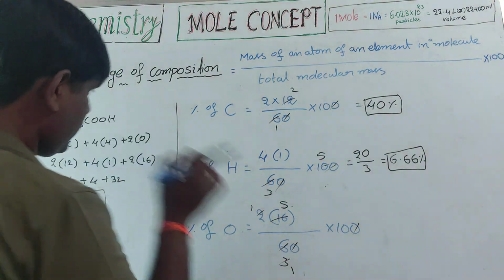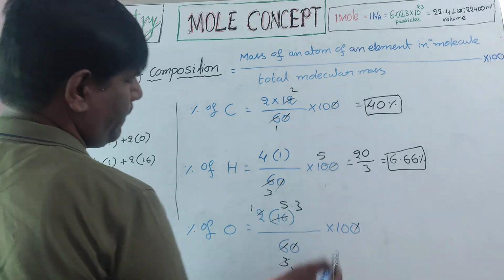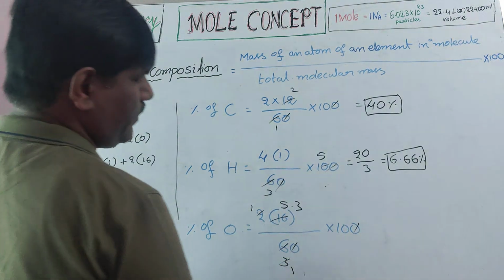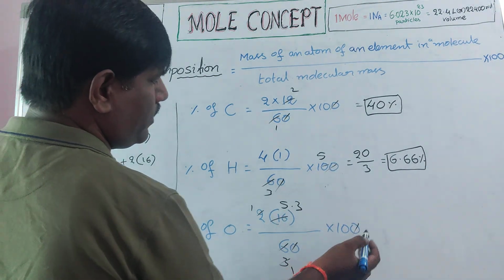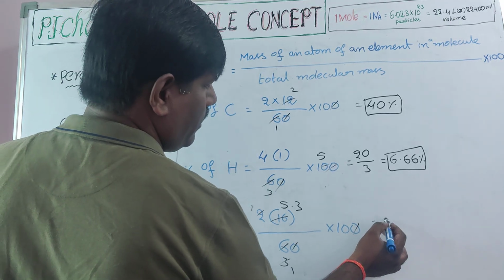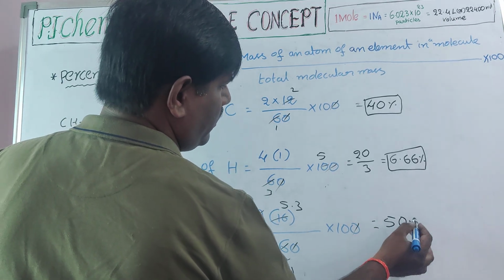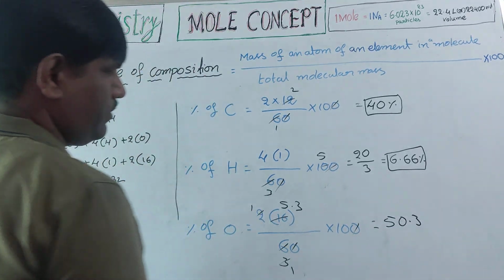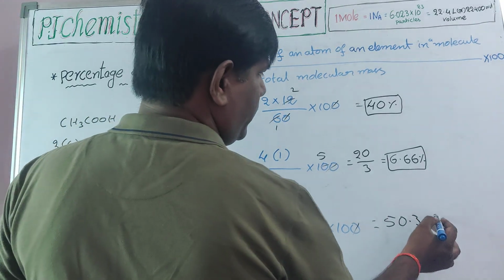Next, 1 is there, 3 threes there. Like that only, recurring it will come. So, 5.3 into 10, 53.30 percentage.